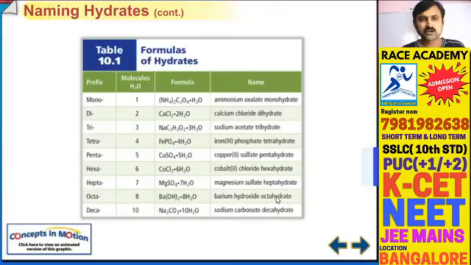Likewise, we have a list of hydrate formulas: ammonium oxalate monohydrate, calcium chloride dihydrate, sodium acetate trihydrate, iron(III) phosphate tetrahydrate, copper sulfate pentahydrate, cobalt chloride hexahydrate, magnesium sulfate heptahydrate, barium hydroxide octahydrate, and sodium carbonate decahydrate.